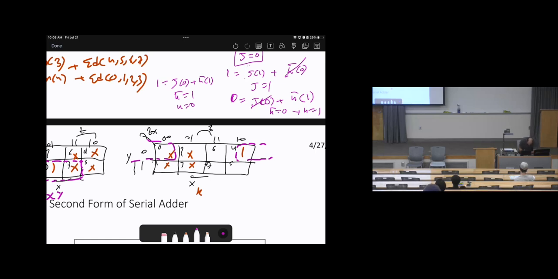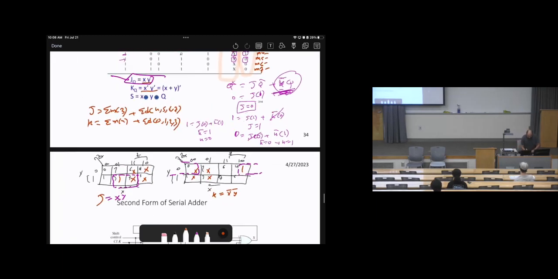I think here is the location of z. That's getting confusing. Here's z, so here's 0, 1. Of course, there is no z, so it's going to be x bar, y bar. And that's what we got here.